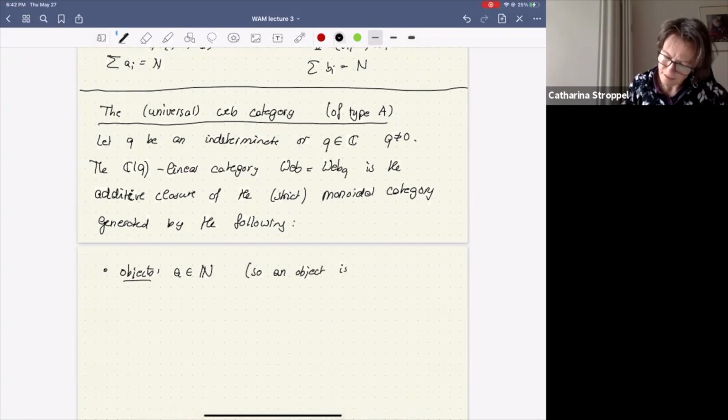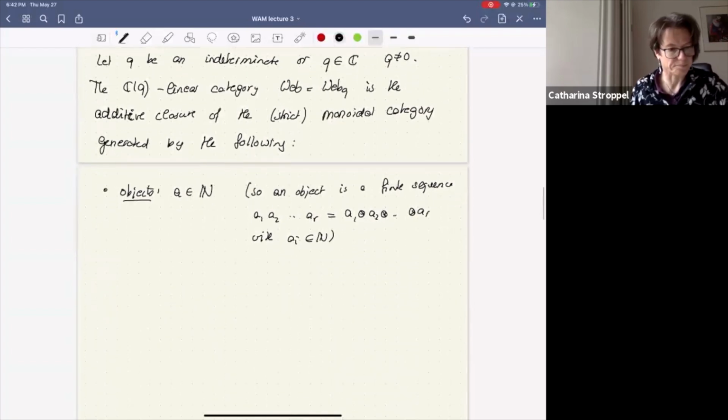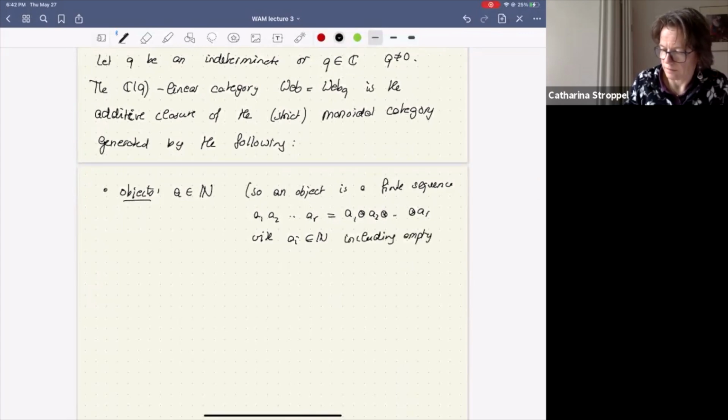So an object is a finite sequence, say A1, A2, up to AR, which is somehow the abbreviation for the tensor product with AI in the natural numbers. Including the empty sequence, which is somehow the empty tensor product, and this empty sequence is the unit in my monoidal category.